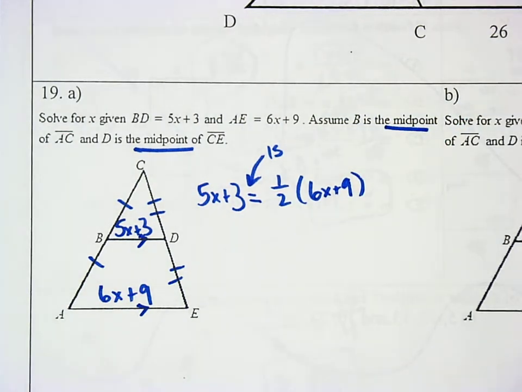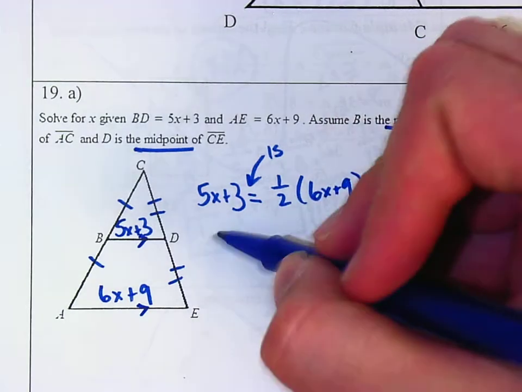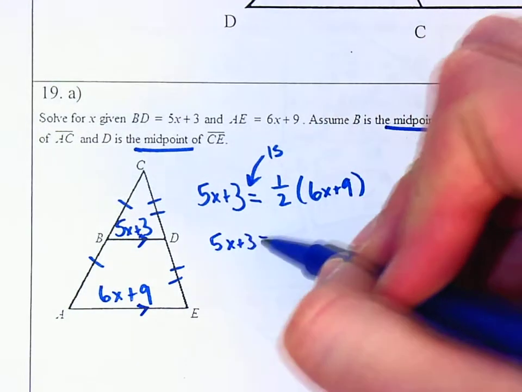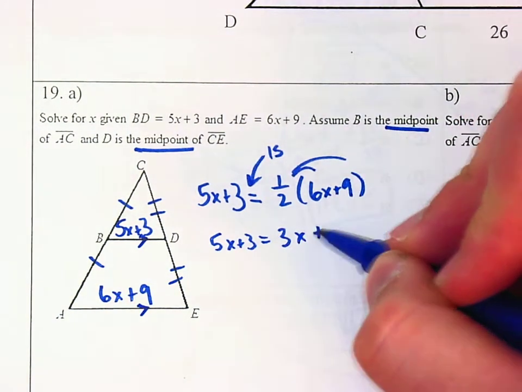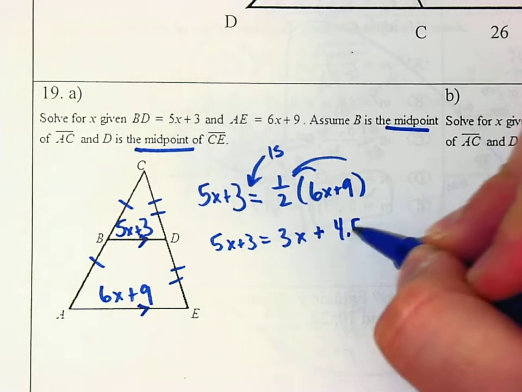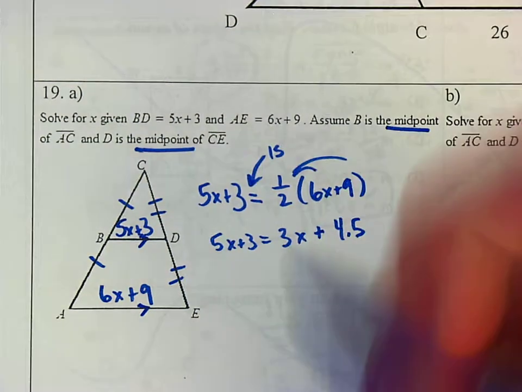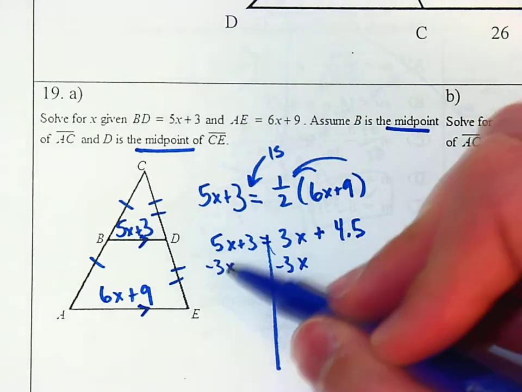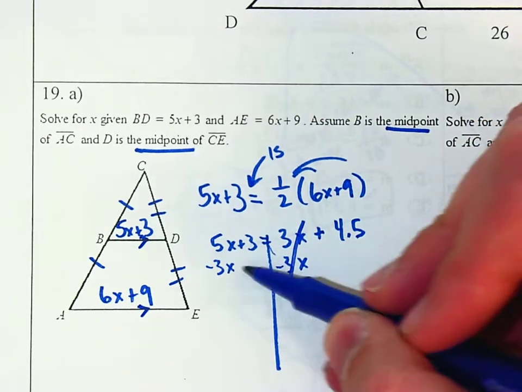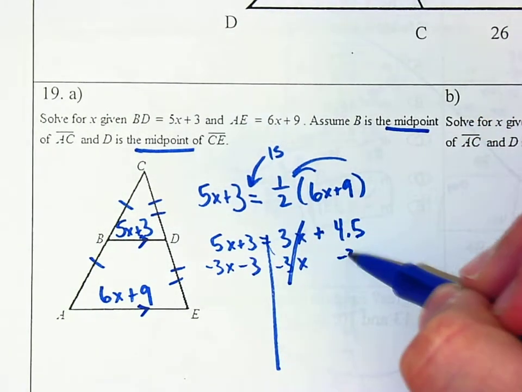Well, I have an equation that I can use to solve for x. 5x plus 3 equals 3x plus 4.5. I'm going to subtract 3x from both sides, and I'm going to subtract 3 from both sides.